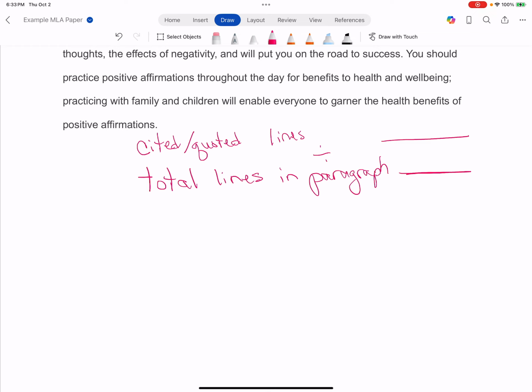It's the smaller number divided by the larger to get the percentage. It'll give you a decimal, and that will equal the percent. Do that for each one. The cited material divided by the total lines in the paragraph.